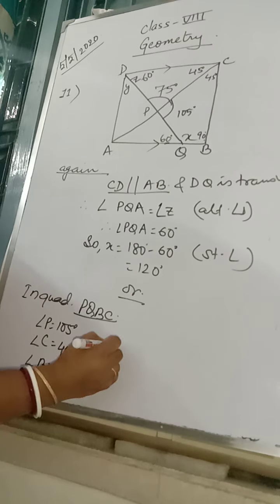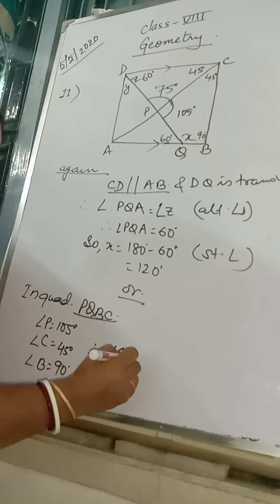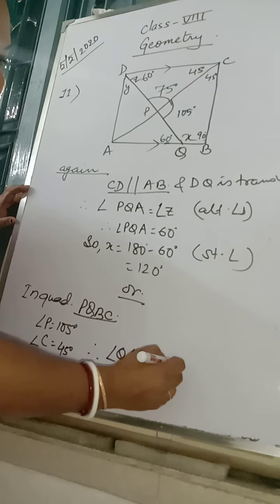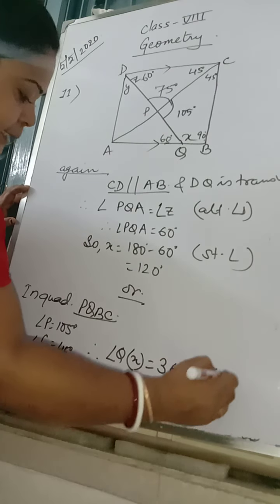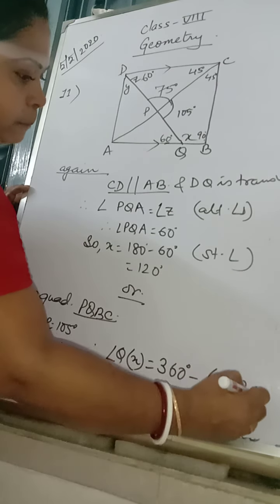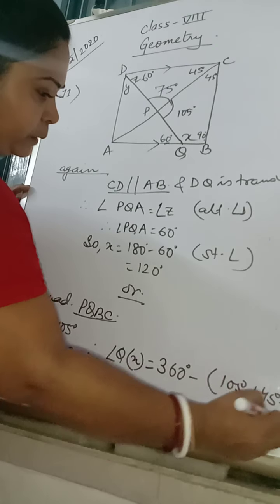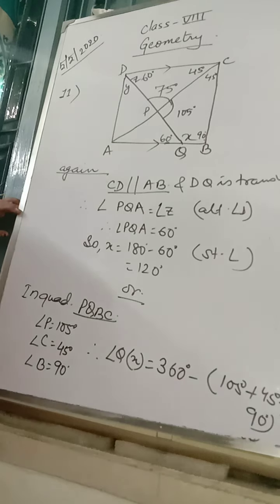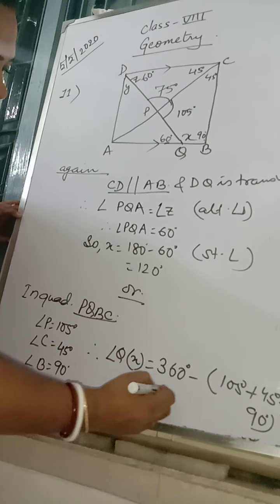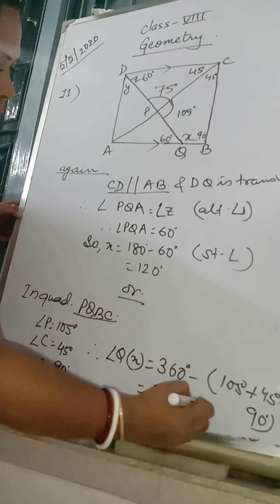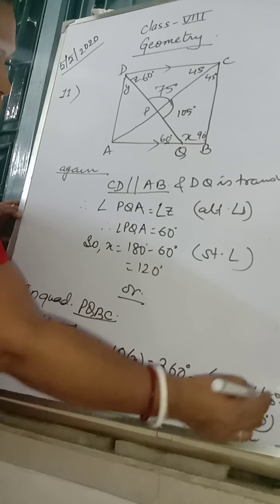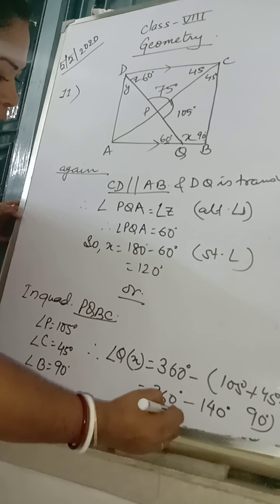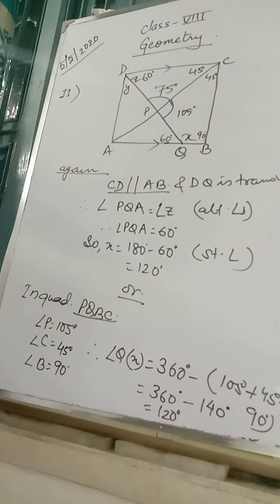So angle Q, which is X, is equal to 360 degrees minus (105 plus 45 plus 90), as the sum of interior angles is 360 degrees. So this gives you 360 degrees minus 240 degrees. So 120 degrees. It's up to you what you are going to use.